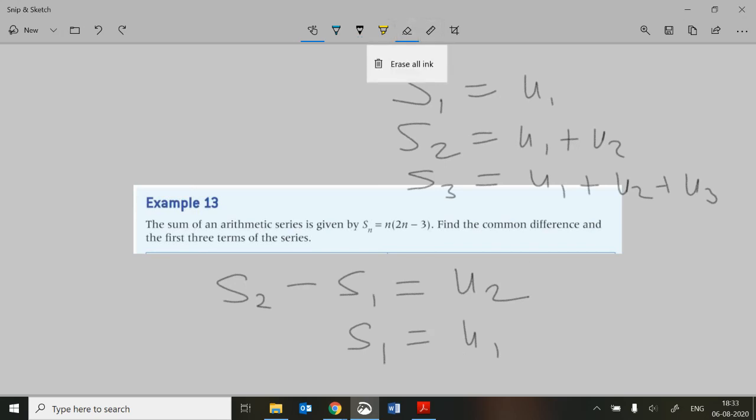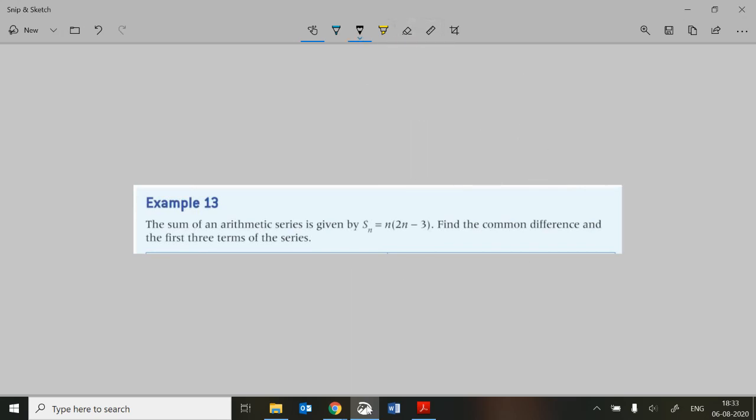Right, let's just get rid of all of that. So S1 in this case, when we substitute this in, we've got 1 times by 2 times 1, take away 3. So what's that? Minus 1. And S2 is equal to, so let's put in 2 there.